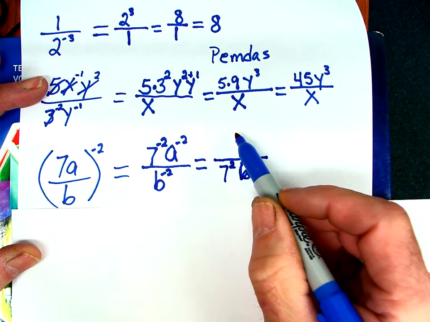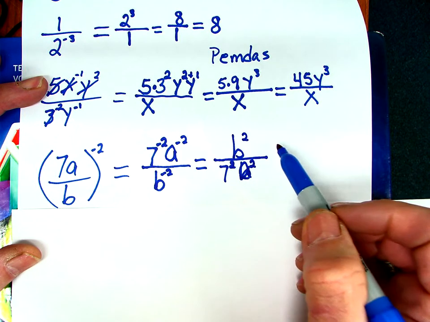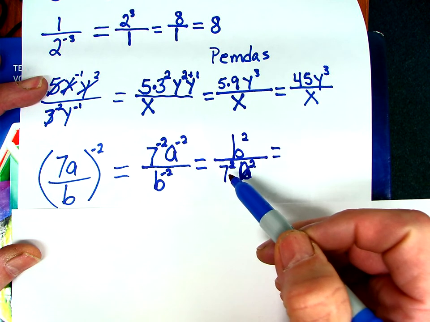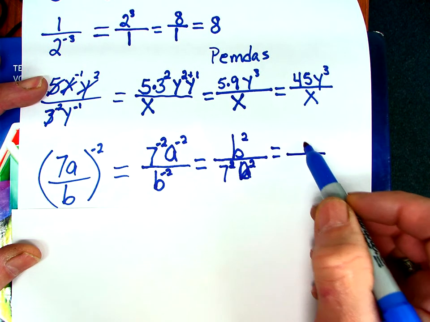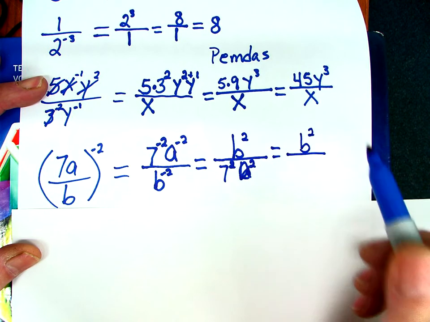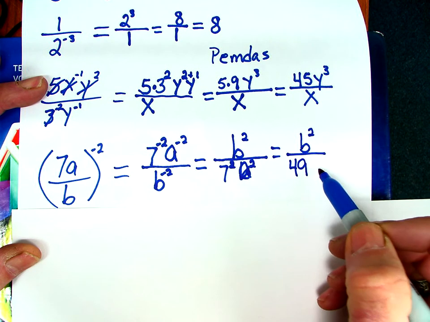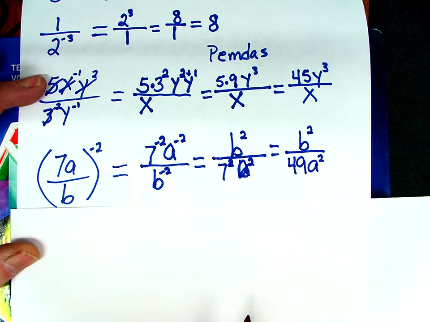And the b on top, it has a positive exponent. One more thing we can do is right here. 7 squared is 49. So we have b squared over 49 a squared. And that's the final answer.